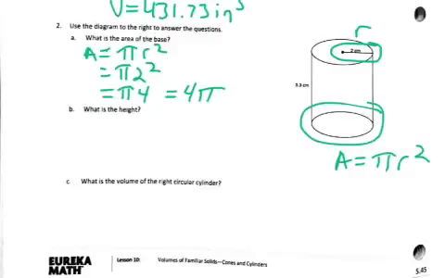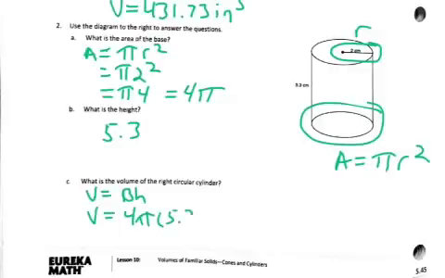What is the height in this case? Well, the height is 5.3. So what is the volume? Well, volume is going to be base area times height. And the base area we said was 4 pi, times our height, which is 5.3.